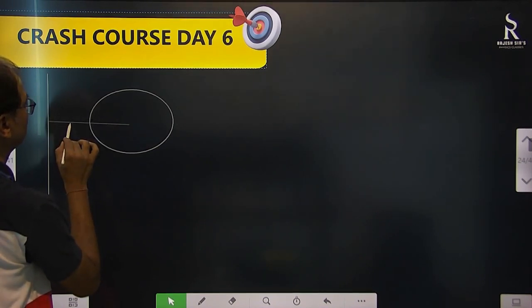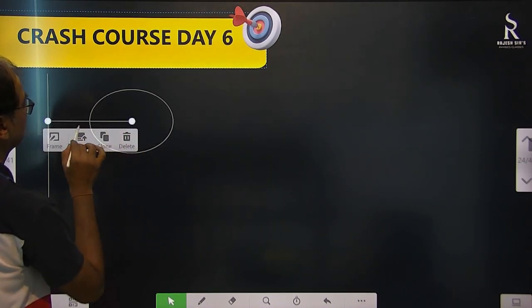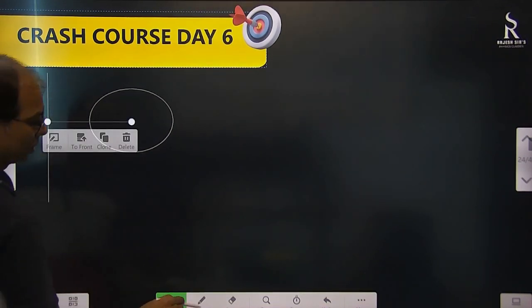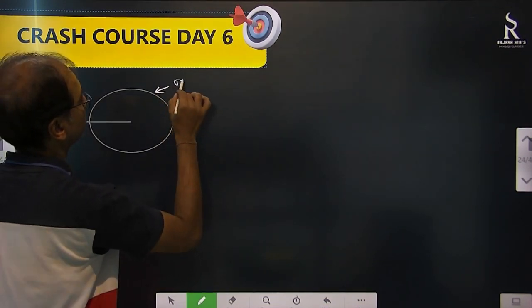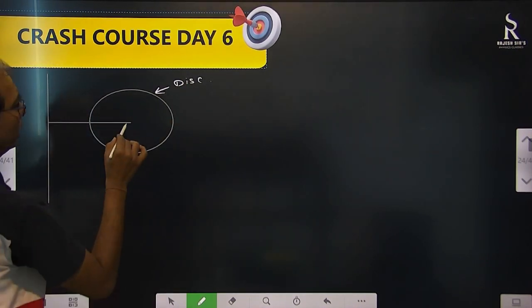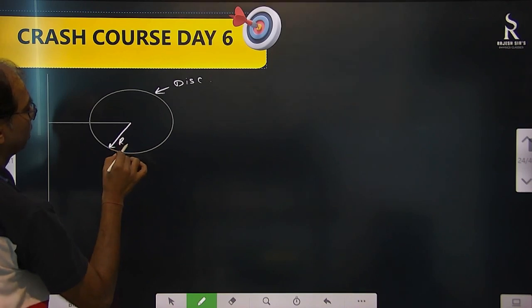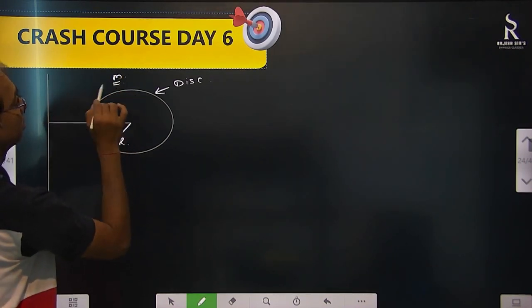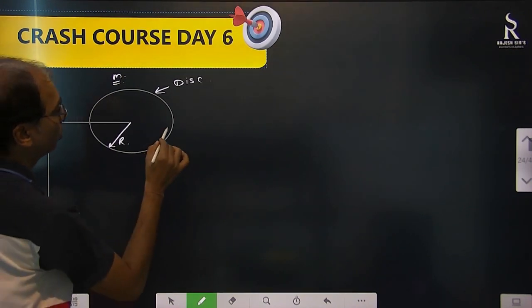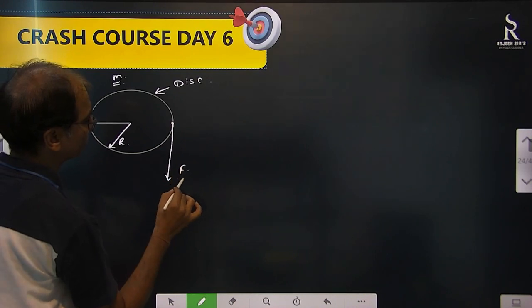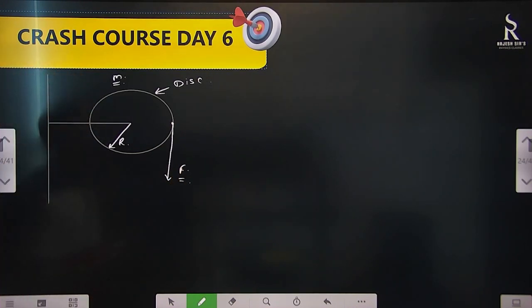We have fixed this disk, and its radius and all that we'll define. Its radius is R, its mass is m. Right now, I am applying force F here, like this.